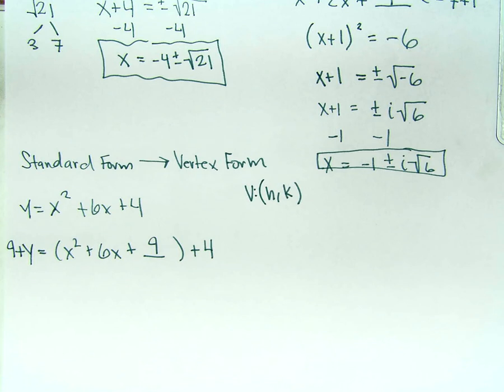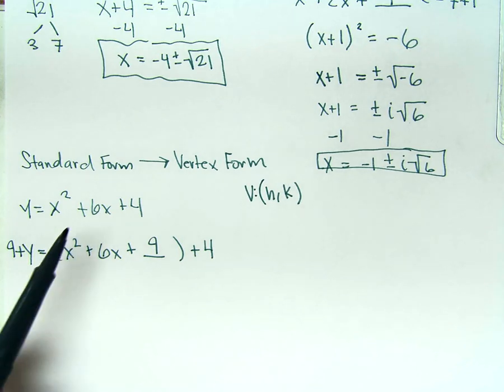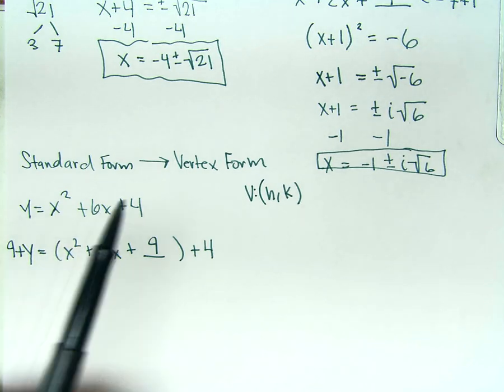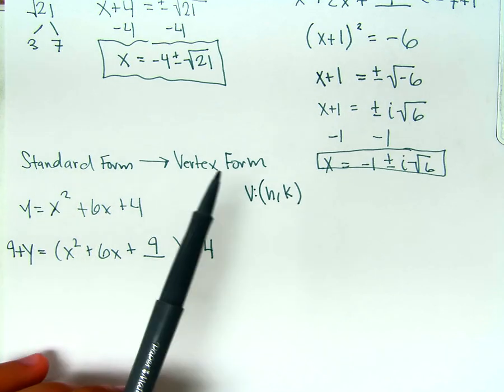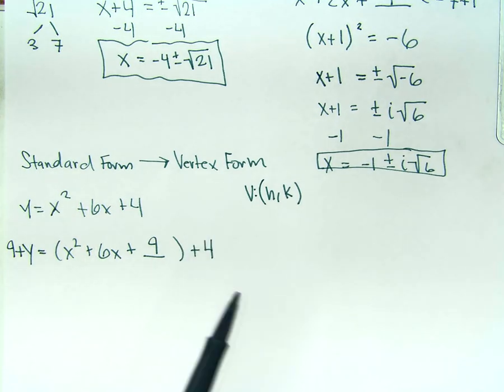We want to keep it on the same side because we're not solving for x here. We're just converting standard form into vertex form. In vertex form you have the plus k at the end. So we added 9 here, so we have to add 9 to the left side.